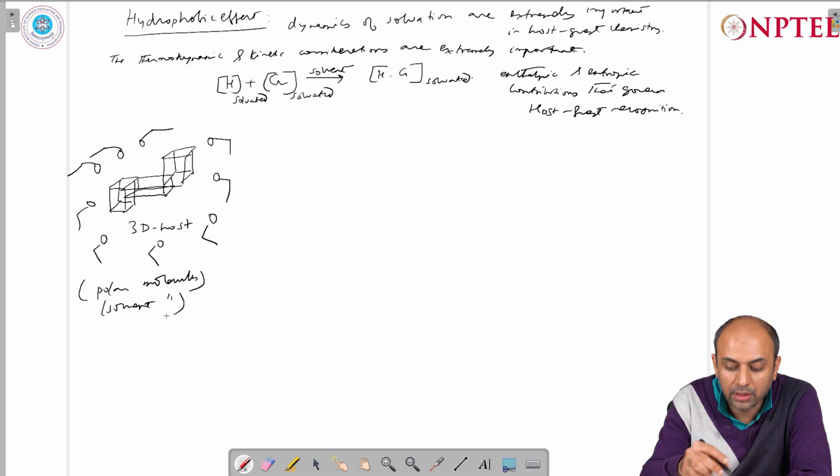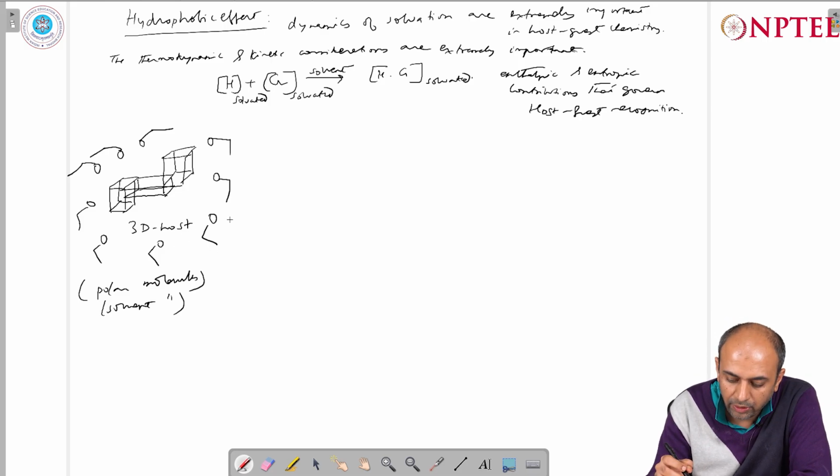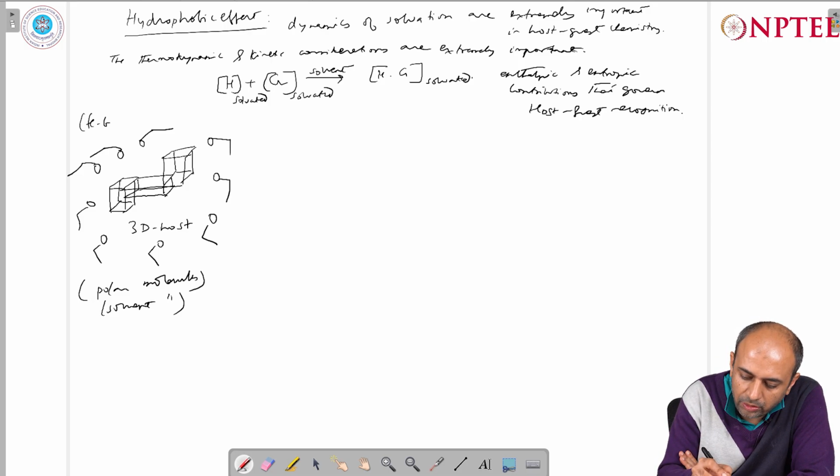In general, you can consider this is a solvent in which I have dissolved my host, and all kinds of interactions are present here. We have already discussed you can have hydrogen bonds plus van der Waals interactions which are present.